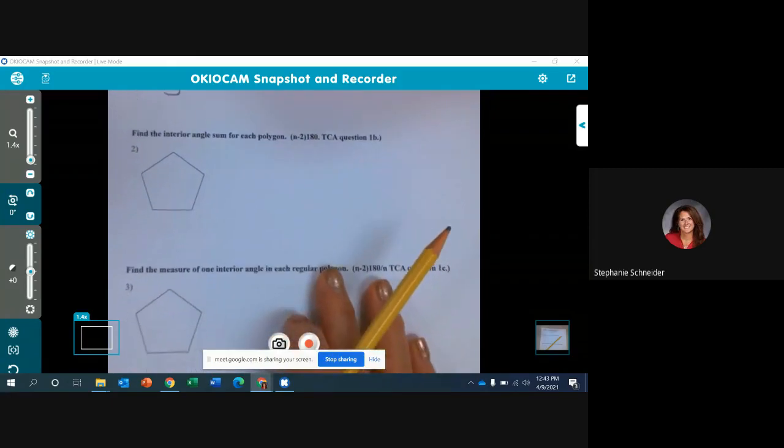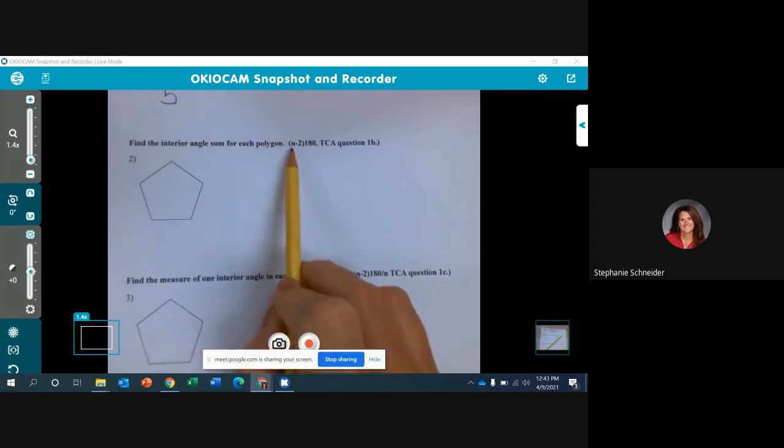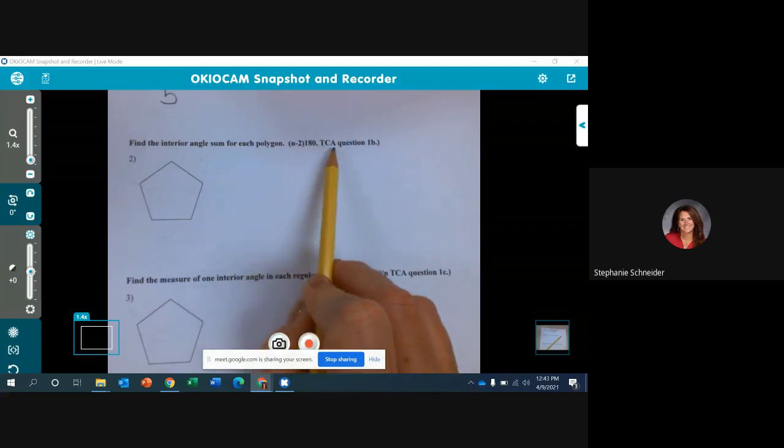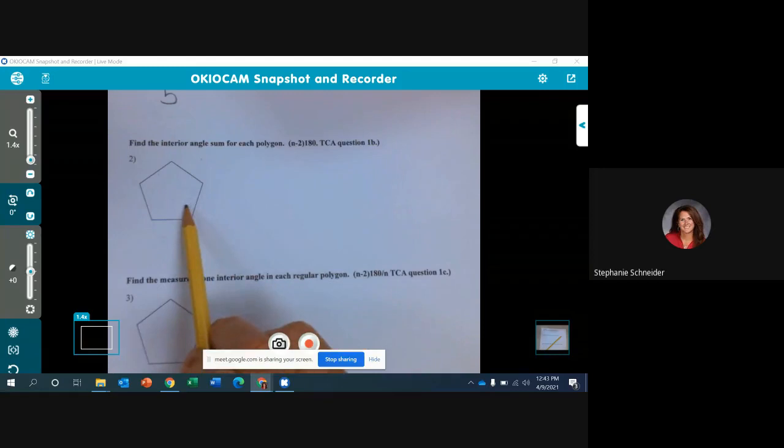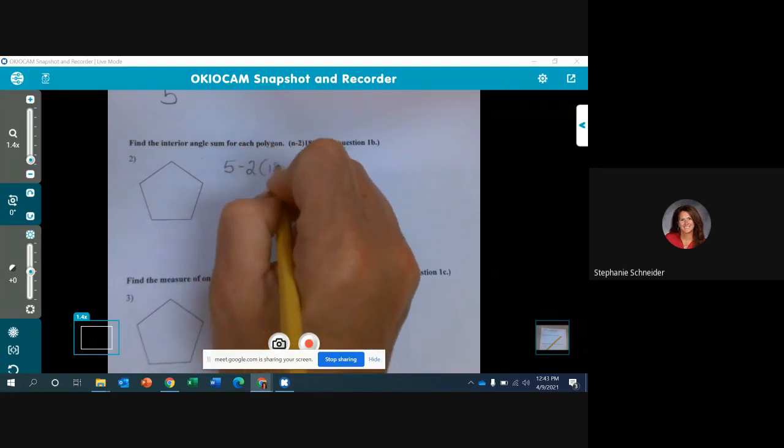All right, let's go to number two. It says find the interior angle sum for each polygon. Okay, if you remember, this was the number of sides minus 2 times 180. And this has to do with TCA question 1B. So the number of sides on this figure is again 1, 2, 3, 4, 5. So we would do 5 minus 2 times 180.